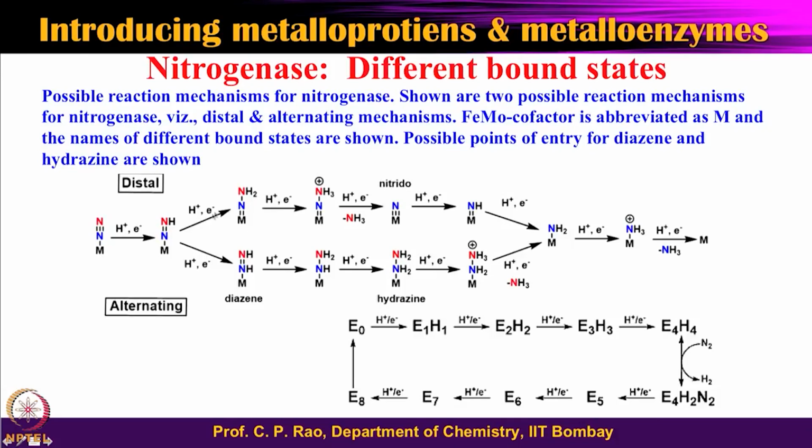In the distal path you go through the nitrido complex, and you will not go through the same intermediate in the alternating path; that is the difference. Now you add one more electron and proton to the nitrido, there is only one nitrogen, so it will become MNH, and one more electron and proton will become MNH2, and one more will become MNH3, and then it will regenerate back to M. M can be either the metal center or the molybdenum iron cofactor. So path 1 is distal.